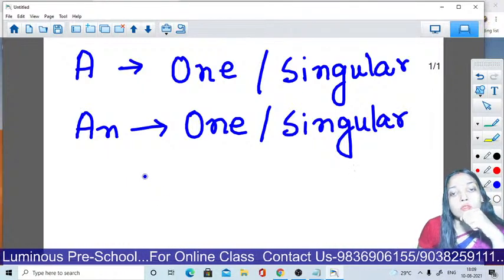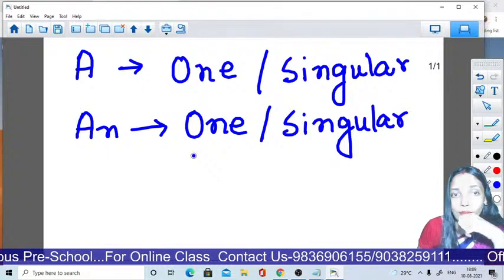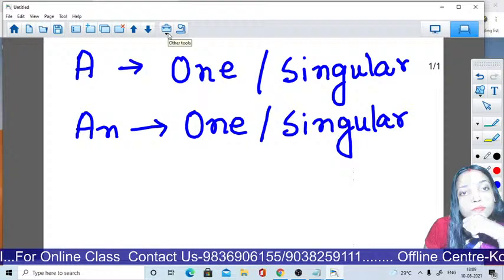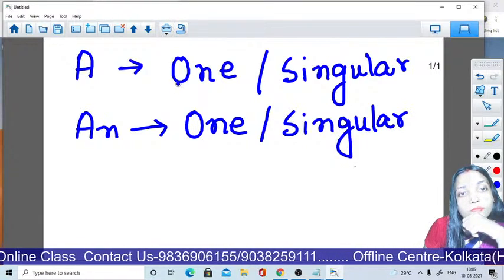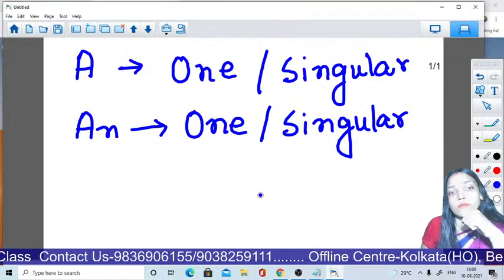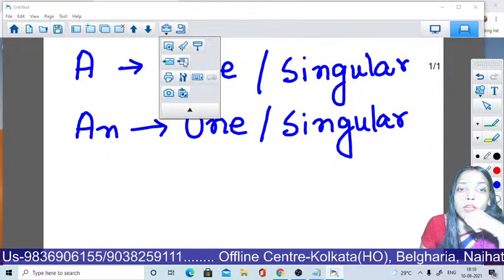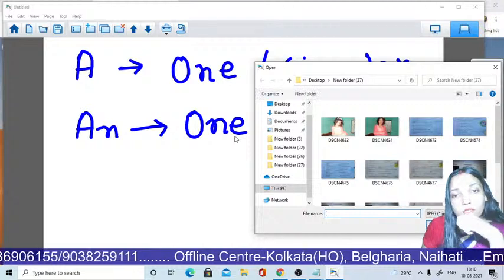Now I want to show my pages. So let's see with me. The uses of a or an. Okay?